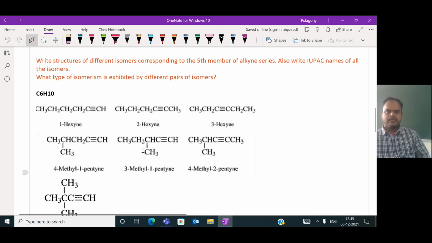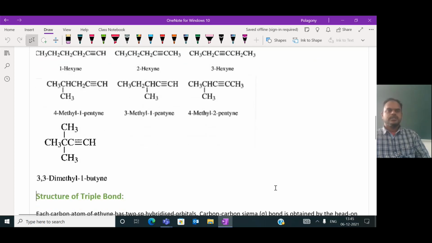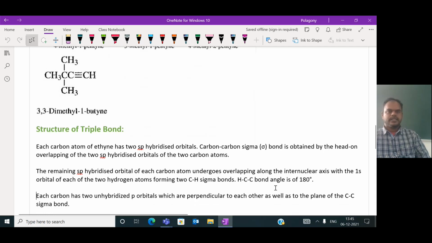This is 3-methyl-1-pentyne, with the methyl group on the third carbon, and 4-methyl-2-pentyne. And next, 3,3-dimethyl-1-butyne. So altogether, 3 position isomers and 4 branched structures, we get 7 isomers for hexyne, including the position isomers and the branched isomers.